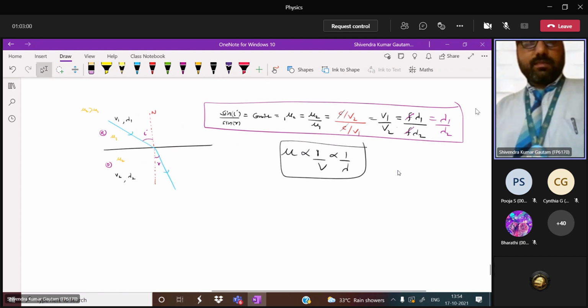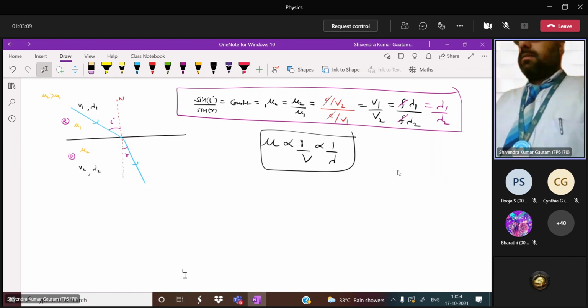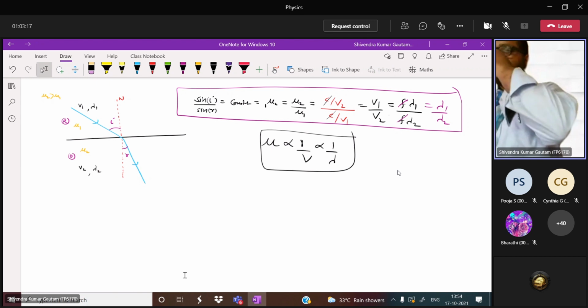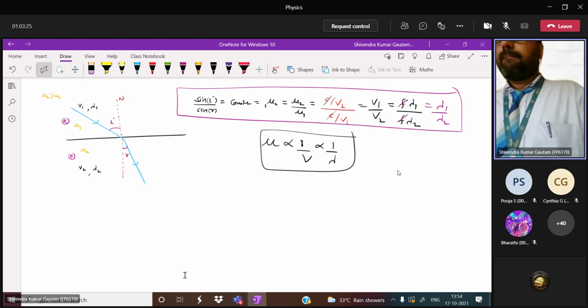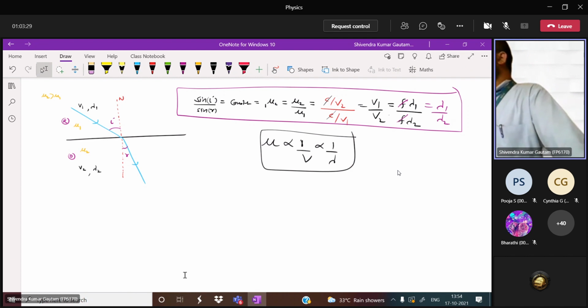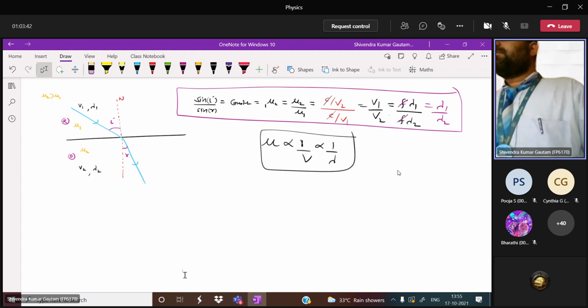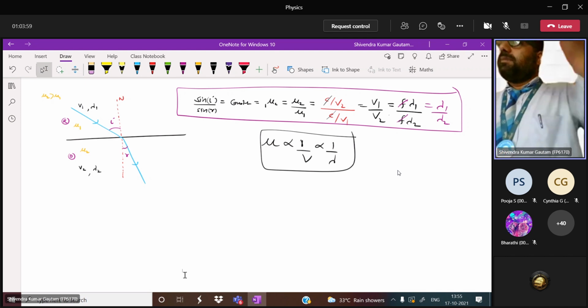The statement, no need to write, right? Just write the sin i by sin r expression. Completed?